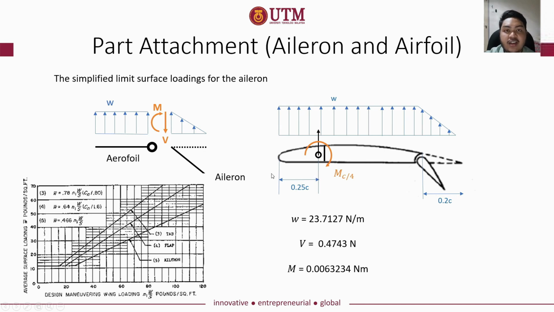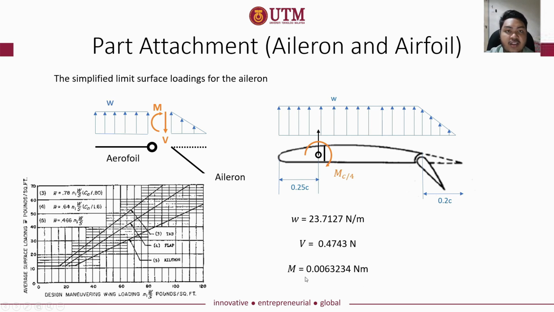For the calculation, we refer to the Federal Aviation Regulation FAR Appendix A to Part 23. The simplified limit surface loading for the aileron is specified as in this diagram. From this diagram, we use this formula in order to get the load distribution for the part attachment.